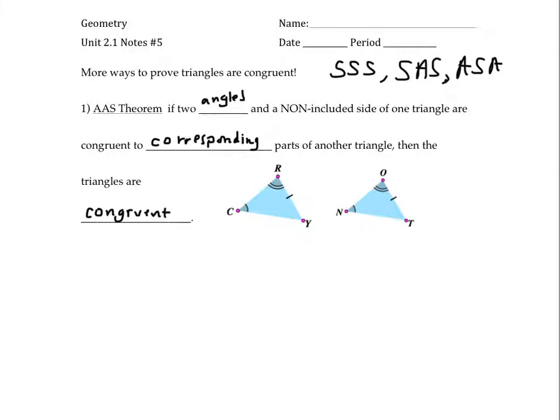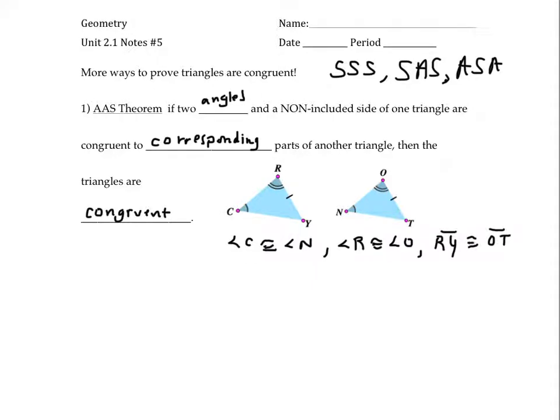So in here, it's really important to take a look at the order in which the congruent pieces are placed in the two triangles. So we know that angle C is congruent to angle N. We know that angle R is congruent to angle O. And we know that side RY is congruent to side OT.